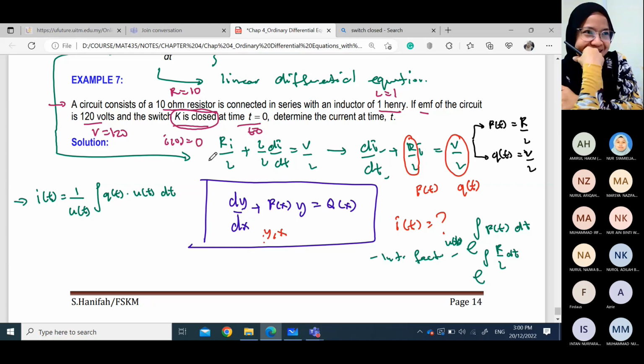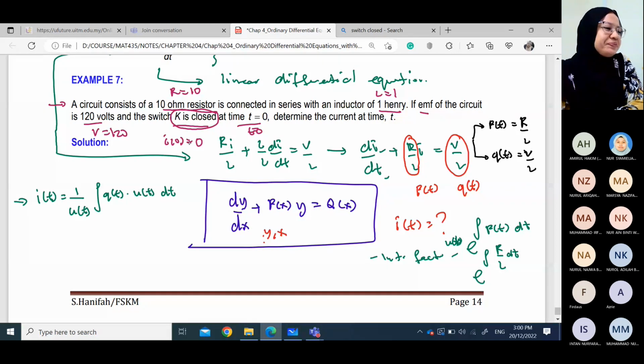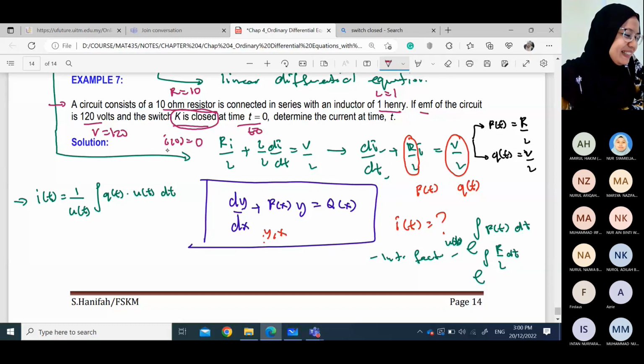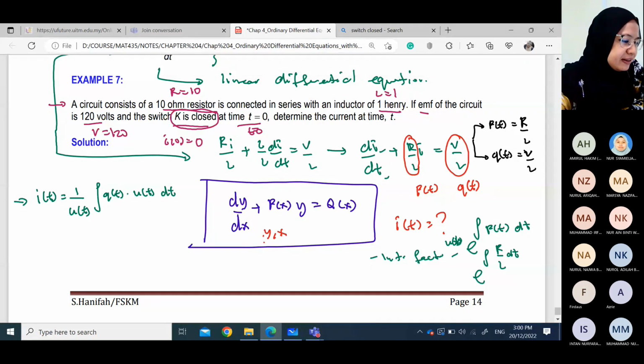Budak elektronik. So there is no current.